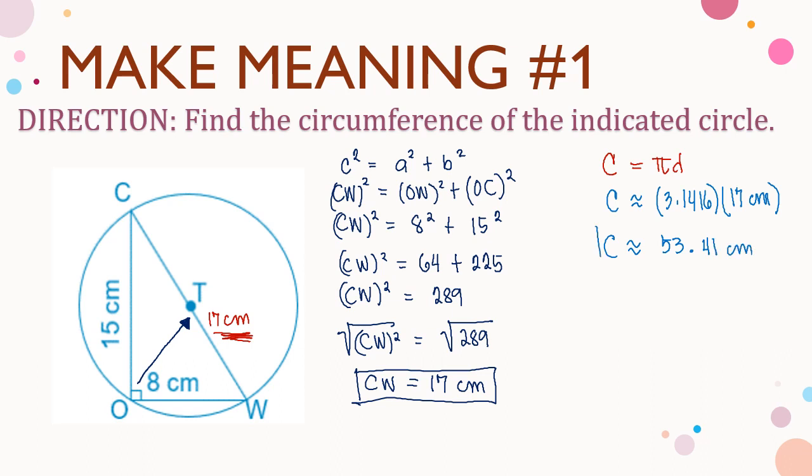So this time we are not going to put square for our unit of measurement since we're dealing with circumference already. And reminder again, you are supposed to round off to the nearest hundredth. So we would have 53.41 centimeters. Okay, and that's it.